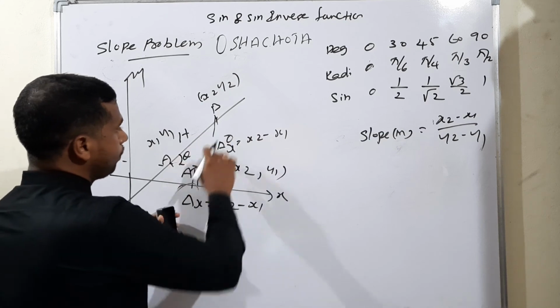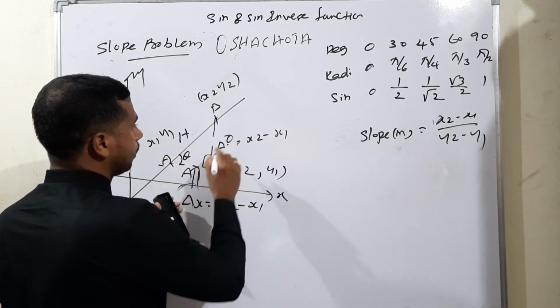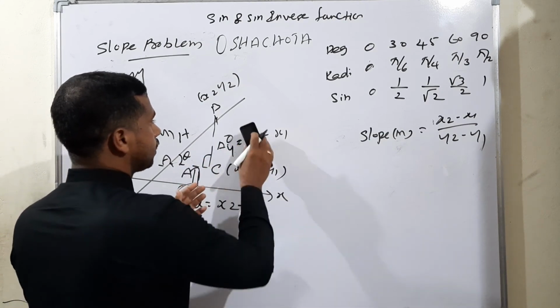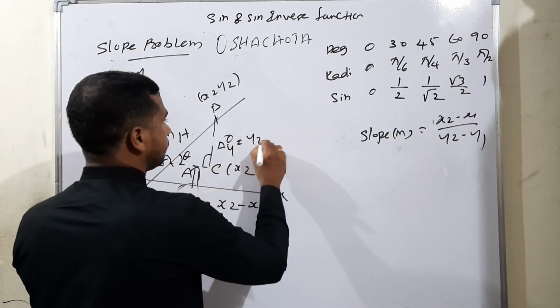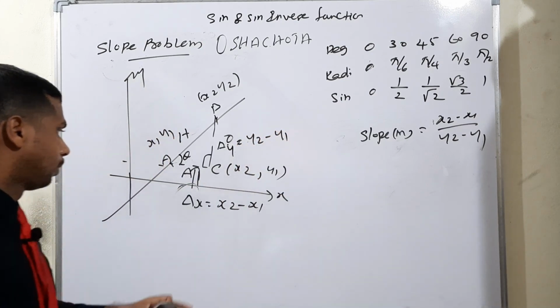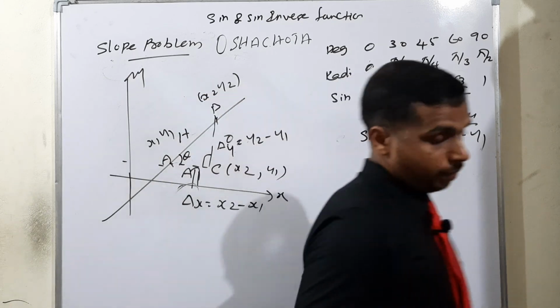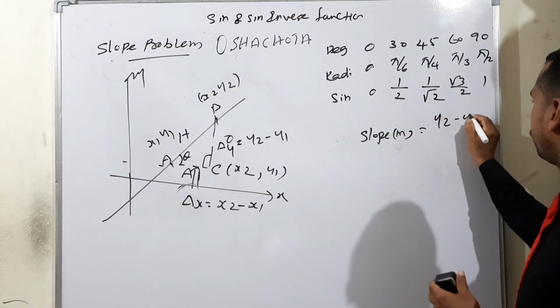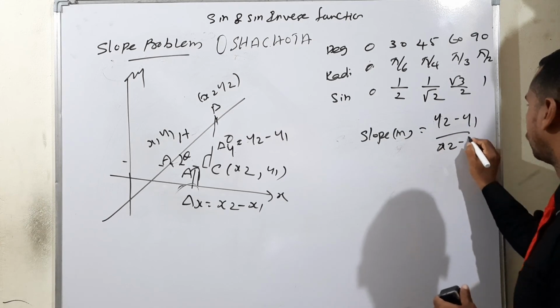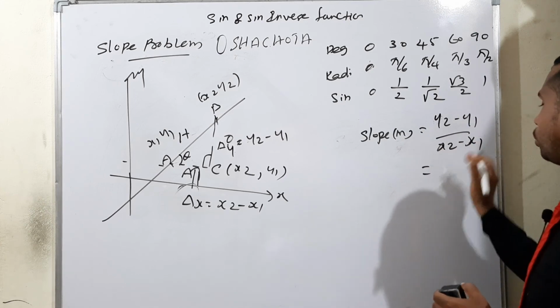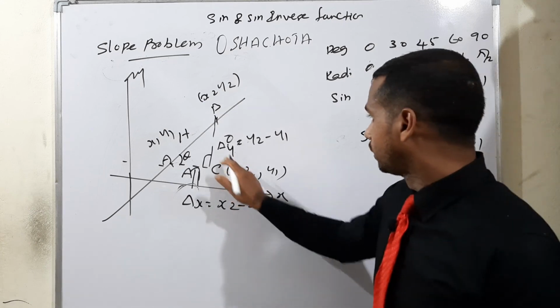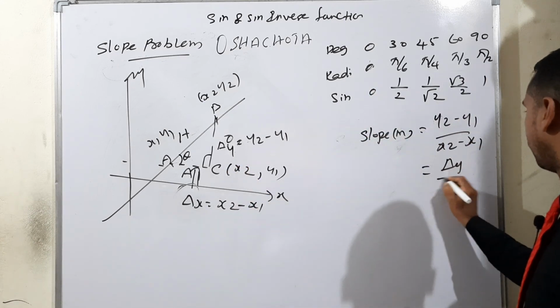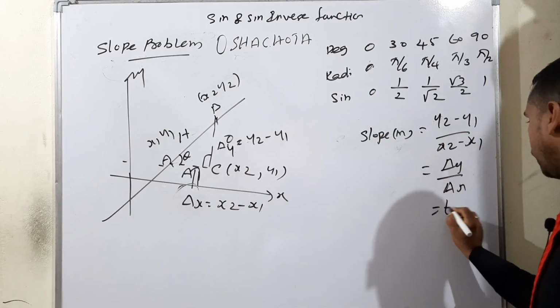This is called y, so this is del y, which is y2 minus y1. But actually the formula for the slope m is y2 minus y1 divided by x2 minus x1. So y2 minus y1 is del y by del x. This is actually called tan theta.